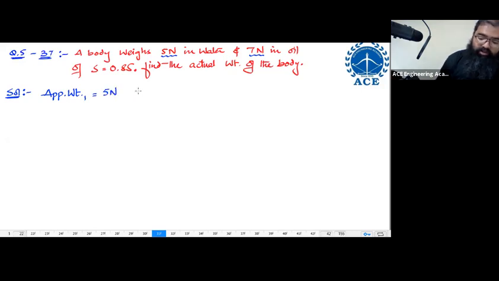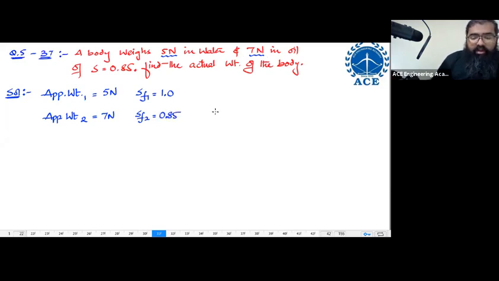It is in water, therefore SF1 is equal to 1.0. What is SF for water? 1. Apparent weight 2 is for the same body, but placed in a different fluid. It is 7 newtons. SF2 is 0.85.